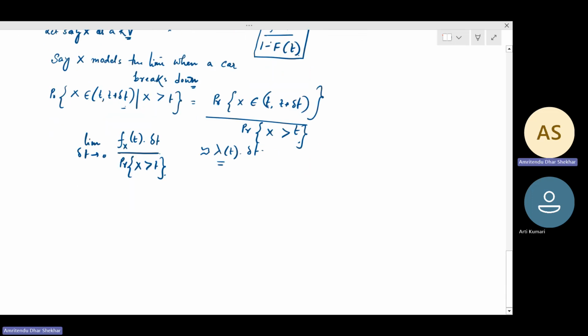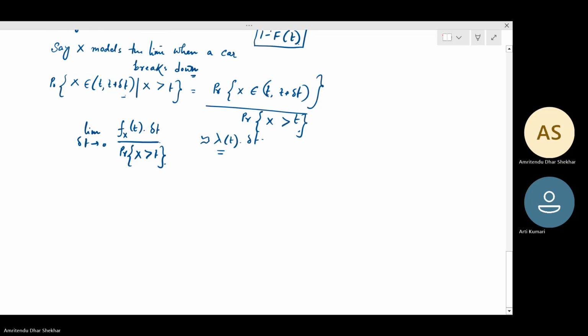Now what is the hazard rate for x when x is exponentially distributed? So let's just write this.